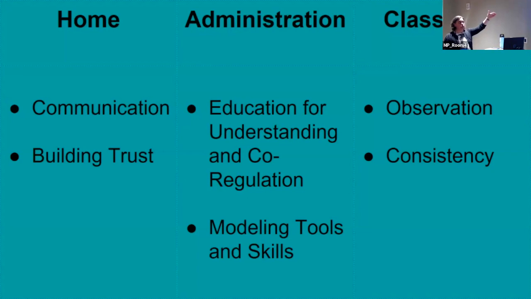Your administration should be looking for education, for understanding of trauma and co-regulation. Co-regulation is really the most successful way we can work through children with trauma and neurodiverse needs. The administrator should be modeling those tools and skills. So if you are meeting with your school principal and they happen to say, oh yes, I read that article. Okay, they got some work to do, right?